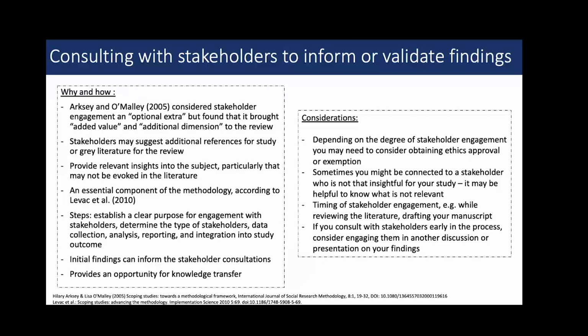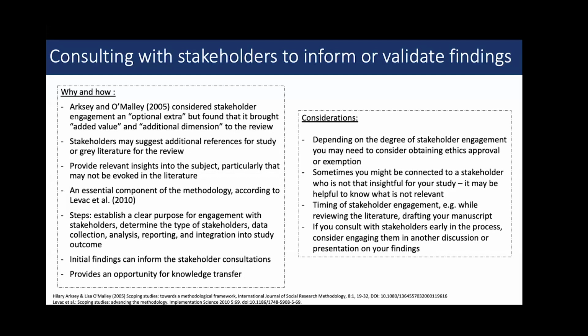Further publications on the methodology found that it was actually an essential component. The general steps, which I'll then highlight with an example, are having a clear purpose for engaging with stakeholders, determining the type of stakeholders, the data collection, analysis, reporting, and integration into the study outcomes. Initial findings from the literature can inform the stakeholder consultations, and it can also provide an opportunity for knowledge transfer.